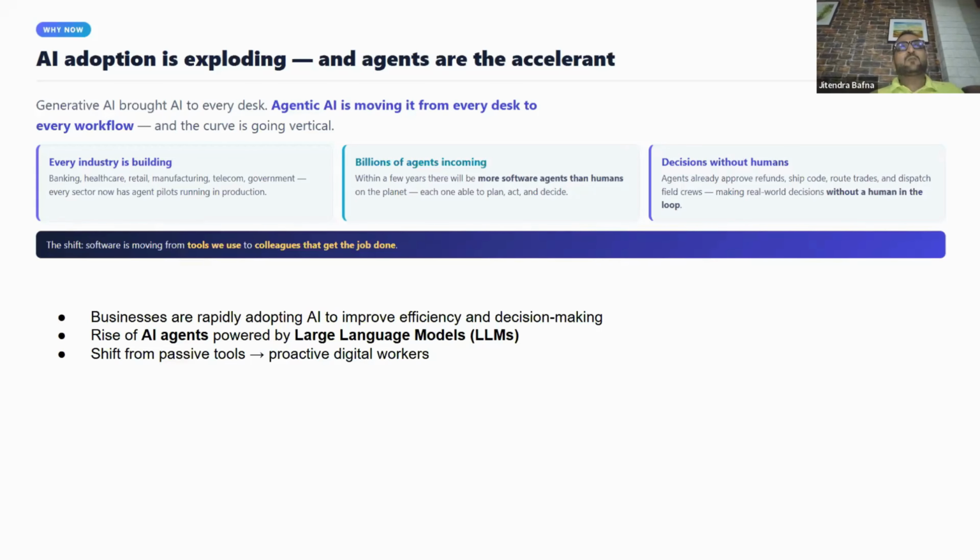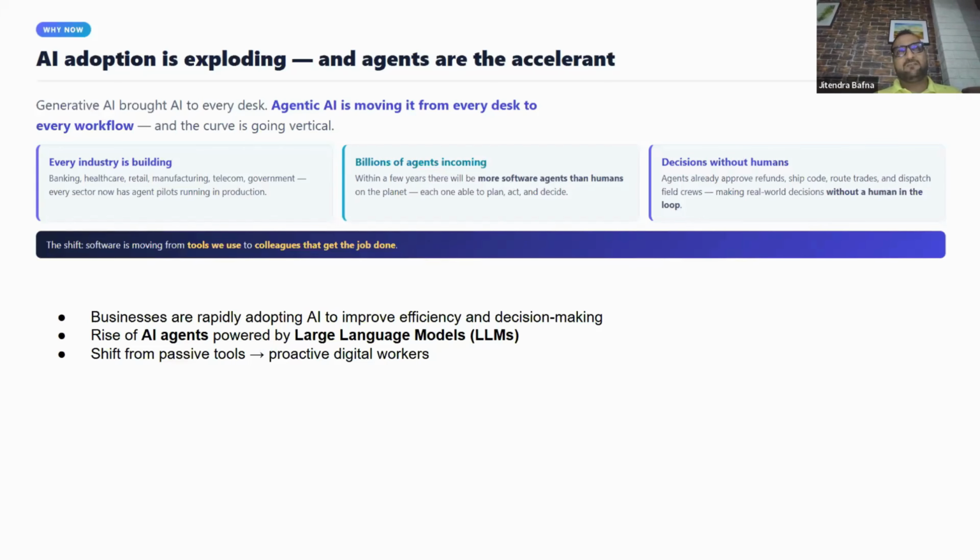Artificial intelligence has been around for the last 70 years, but in the last 2-3 years it has exploded. After generative AI came, a lot of people started using generative AI, and a lot of organizations use it for generating content, images, and a lot of other things.